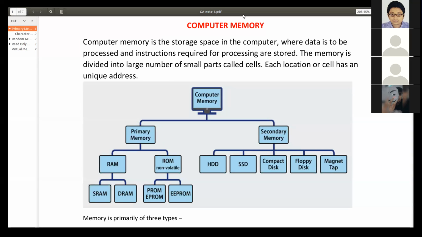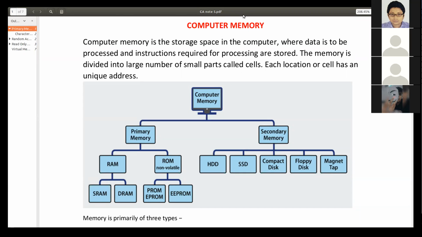Now, why is it advantageous? SSD drives are much faster than the traditional hard disk drives, so you can access data through SSDs in much less time than with traditional hard disk drives. So that's why SSDs are there.